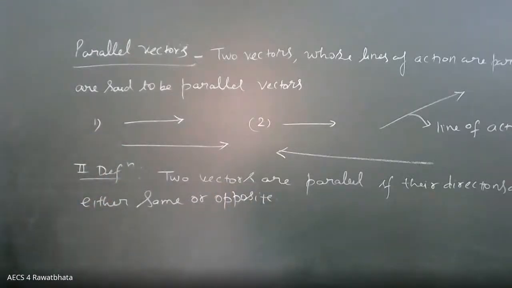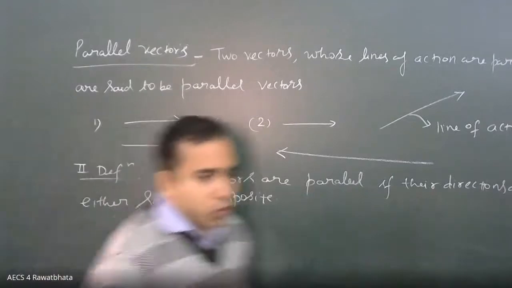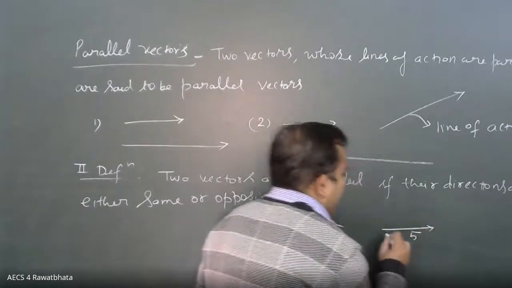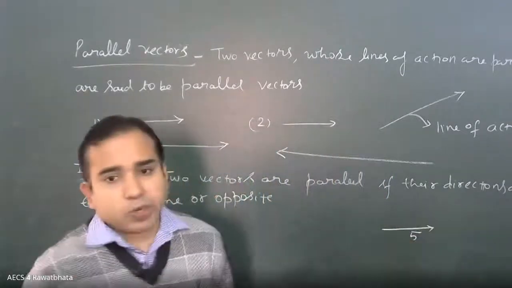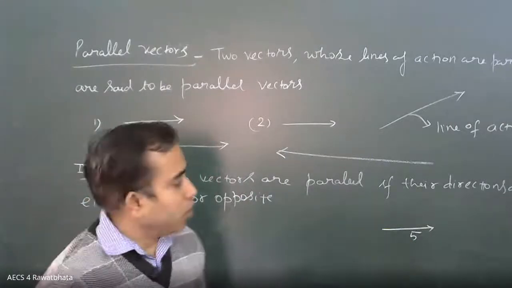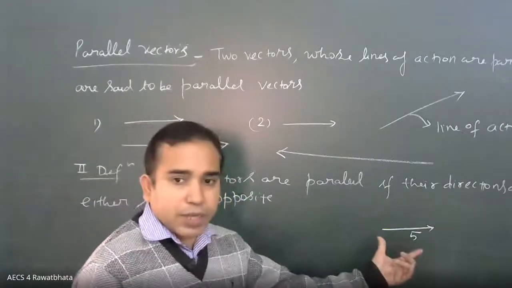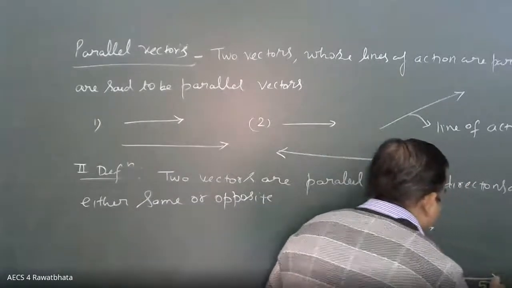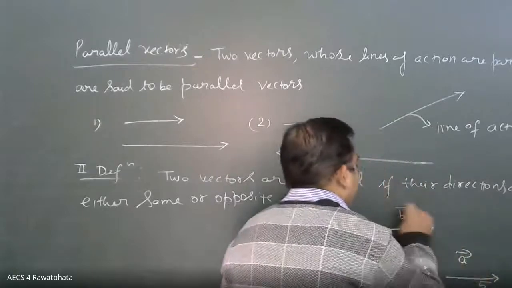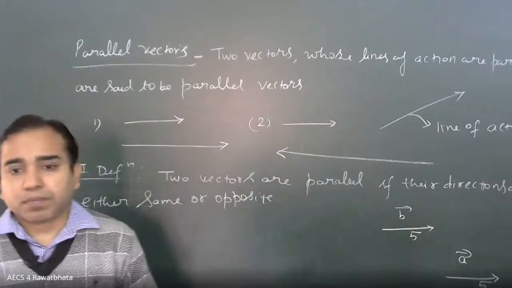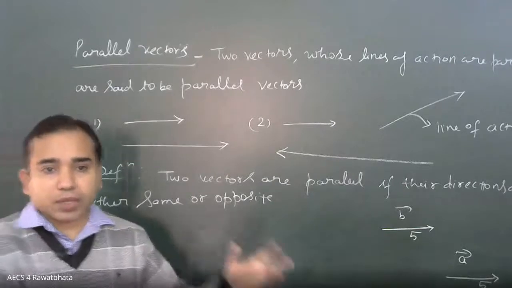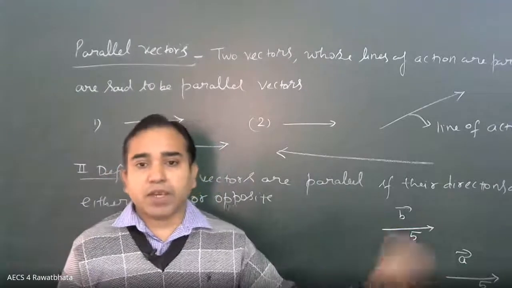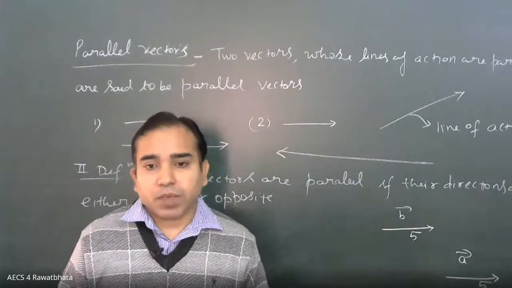And one more thing you should know: suppose this is a vector of 5 unit magnitude in the east direction. Either you draw it here, or you lift it and draw it somewhere else, suppose this is the A vector and this is the B vector, then both are the same. You can lift a vector and place it elsewhere, it makes no difference, as long as its magnitude and direction remain the same. So that vector remains the same, right?